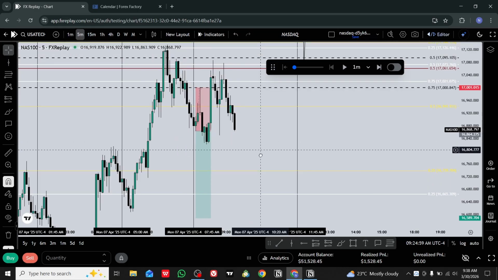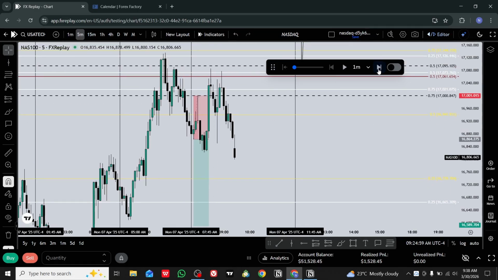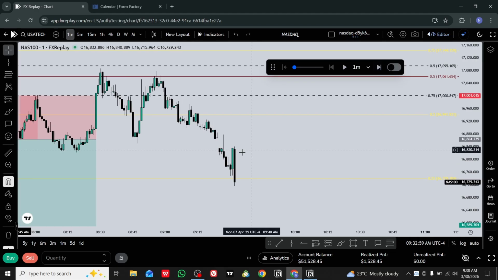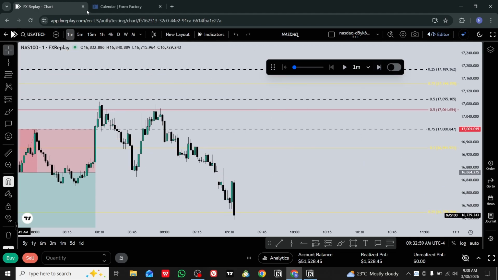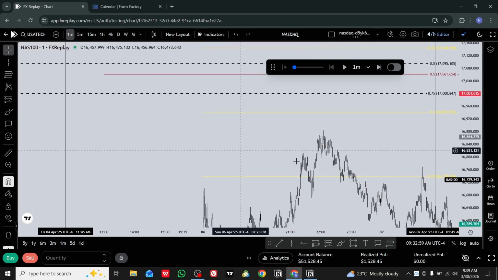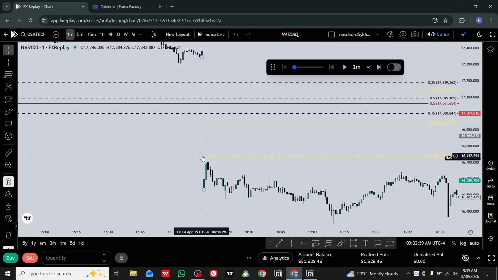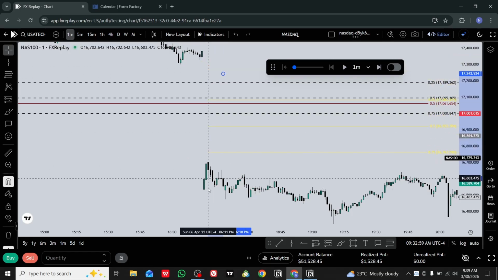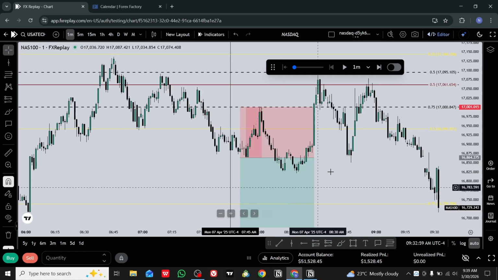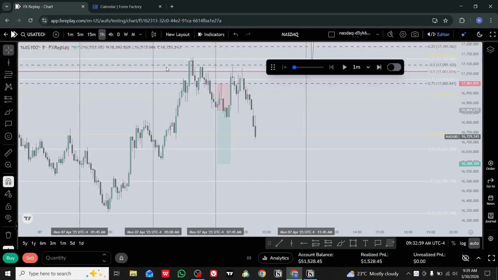Smooth low, first low, second. Oh, I made one mistake in highlighting the weekly opening gap. This is the low quarter and this is the upper quarter. See on a 15-minute chart.